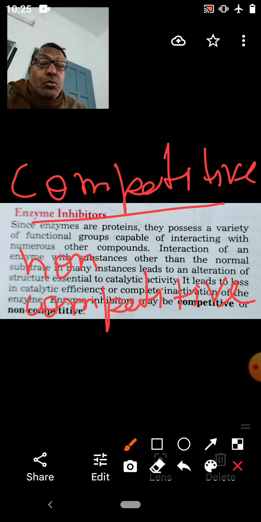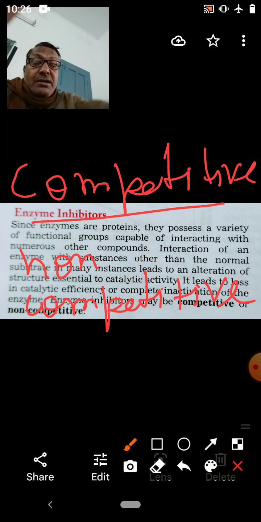The site which is occupied by normal substrate molecules is occupied by the inhibitor molecules, because the molecules of inhibitors have a structure like the substrate molecules.